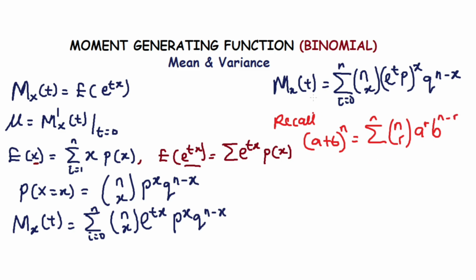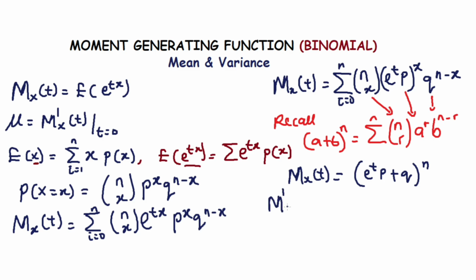Comparing these two, we can see that a is like our e^t p and our q is b. Which means that our M_X(t) is the same thing as writing (e^t p plus q) raised to the power of n. Then we need to take the first derivative to get the mean.